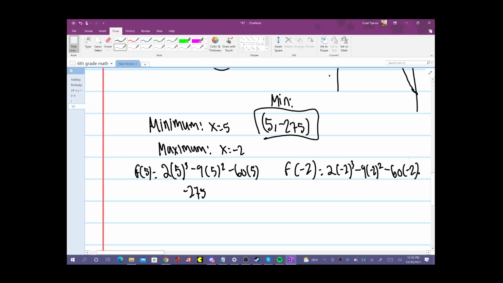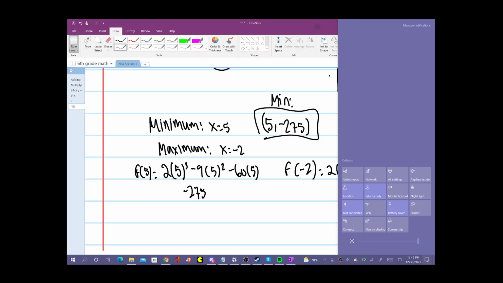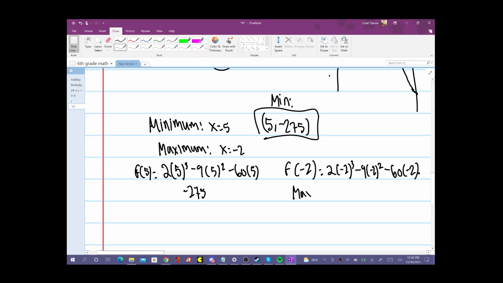So if we plug that in for x, 2 times -2 cubed minus 9 times -2 squared minus 60 times -2, this is 68, so it's positive. So then the maximum will occur at -2, comma, 68.